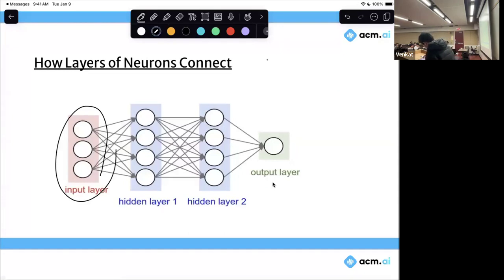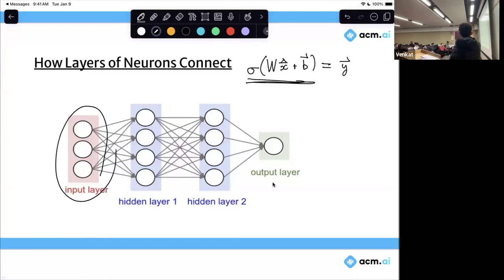So we can represent that as x. This is the equation that we're going to be building up to. When you see each of these connections, what we are referring to is the linking process that takes you from one layer to the next, to finally the output layer.